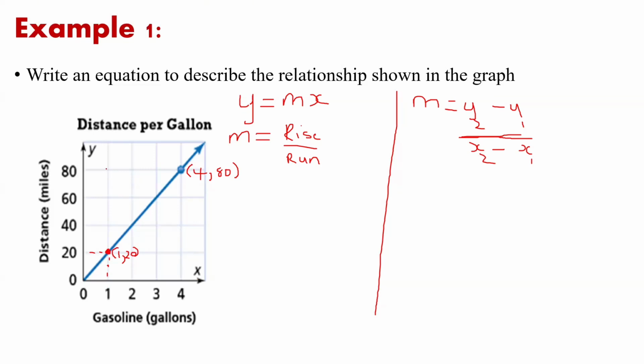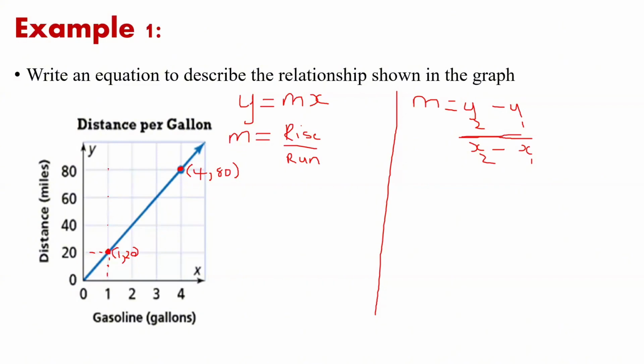Now that we understand how to read the scale, let us now use rise over run to find our slope. So how do I get from this point here at the bottom to this point here at the top? I am going to rise 20, 40, 60.